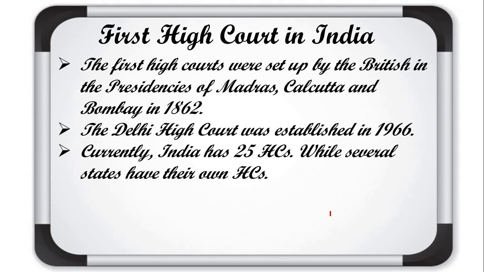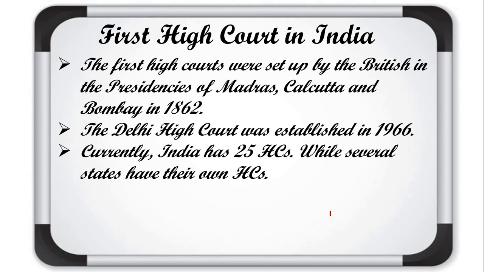After Indian independence, the Delhi High Court was established in 1966. Now India has 25 High Courts, and we have studied that each state has its own High Court, but not exactly in this way.